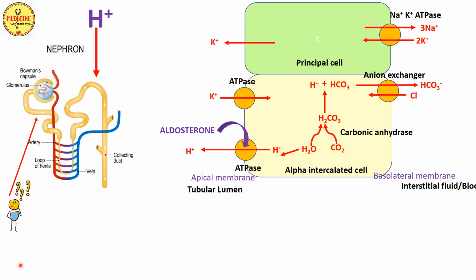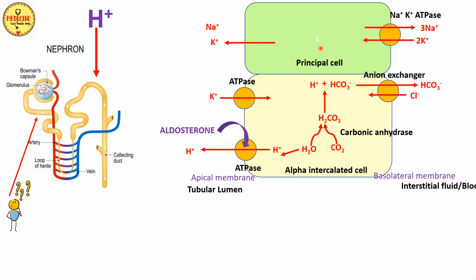Because of this transport of sodium ions out of the cells, the intracellular sodium in the principal cells is low, and the intracellular potassium will be high. These potassium ions will be transported back into the tubular lumen via the apical membrane. As you can see, this potassium is the one that is being absorbed into the alpha intercalated cells to maintain the electrical neutrality for the secretion of hydrogen ions.